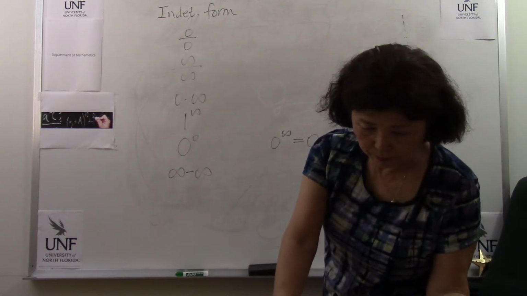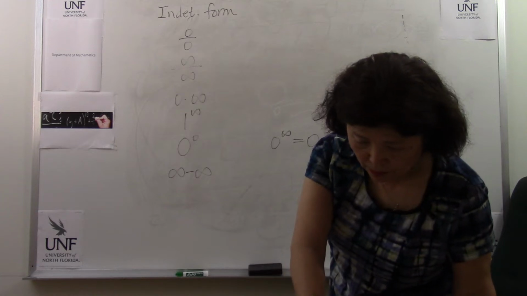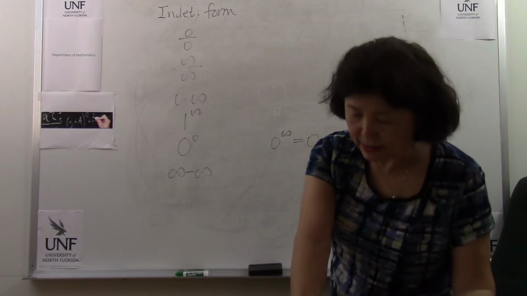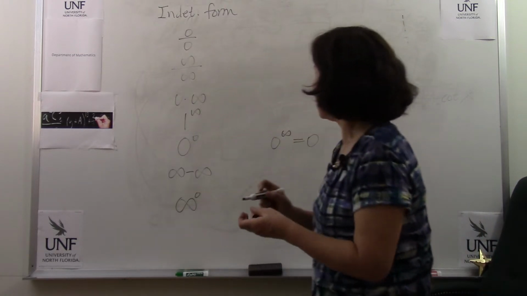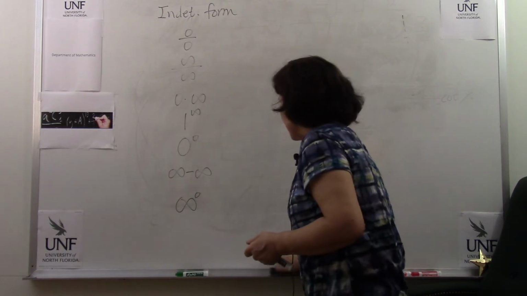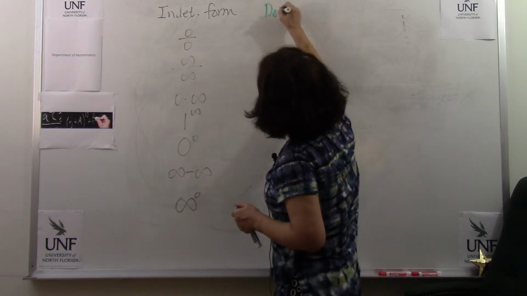Okay? 1, 2, 3, 4, 5, 6, 7. Infinity to the 0 power. These are indeterminate forms. What about this? This is not indeterminate, so this is a determinate form.